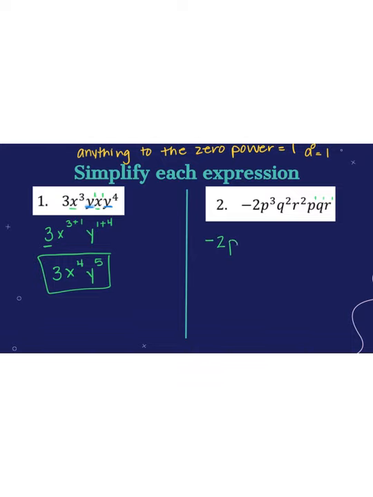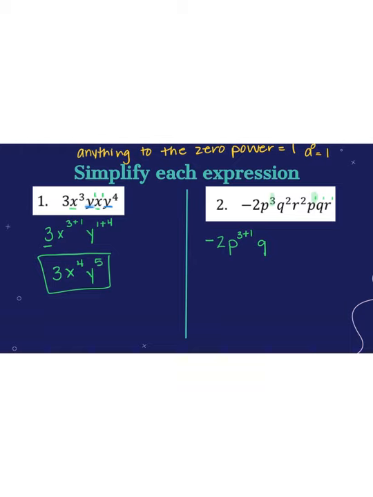And then I'm going to start with my p's. I have p to the third, and I also have p to the first. So I have p to the third plus the first. Now I'm going to go to my q's.